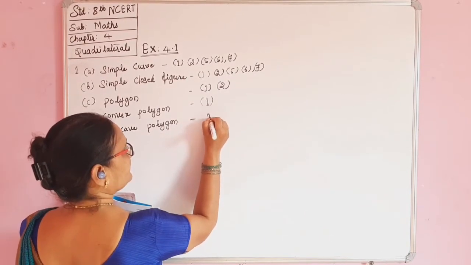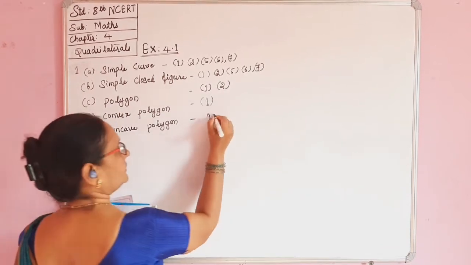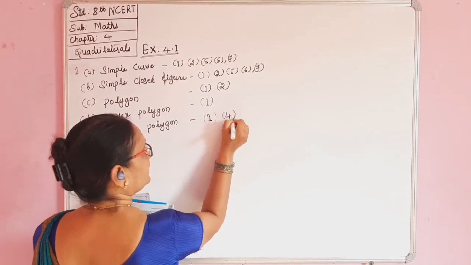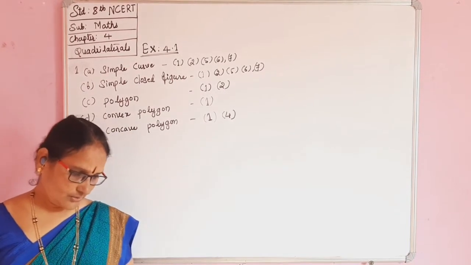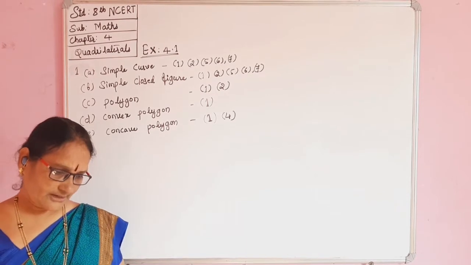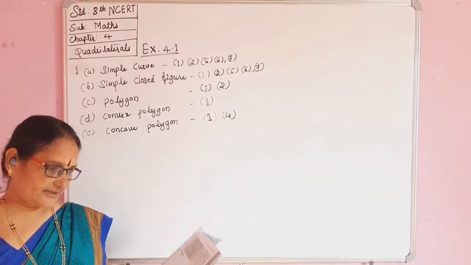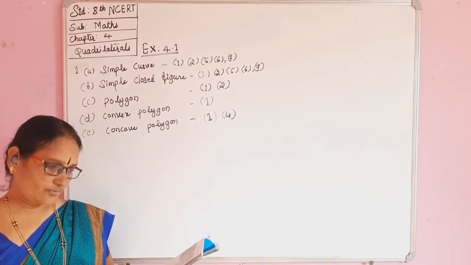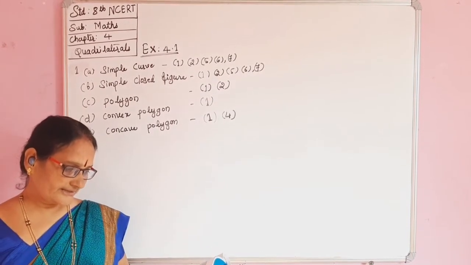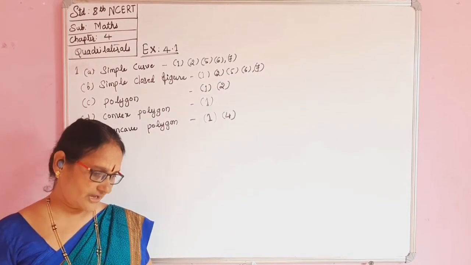Concave means how? The angle should be outside. So 1 and 4 are concave polygons. Now the second part: how many diagonals does each of the following have?